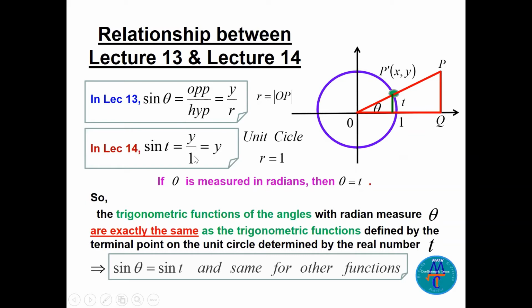So y over 1, sine t is equal to y. Now this theta was in the right triangle, where we used degrees. Now if theta is measured in radians, then theta is the same as the angle t. This is the angle theta, and this is the length of the arc. So we can use the same function values.